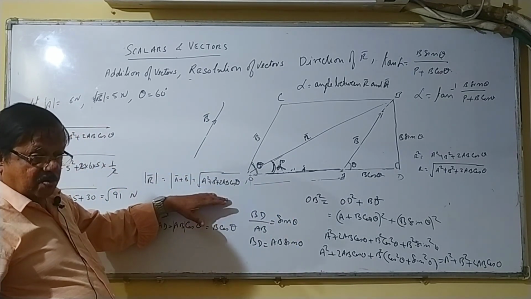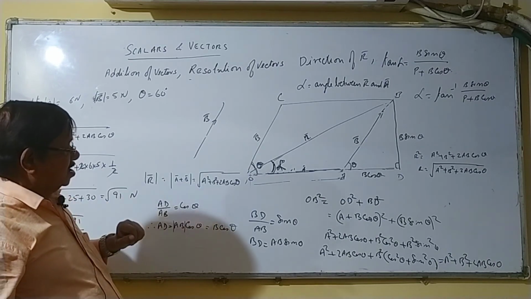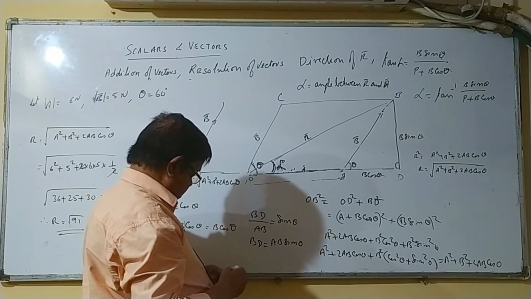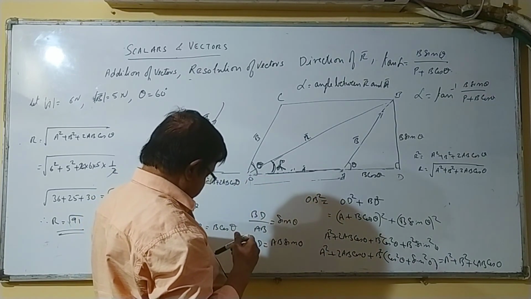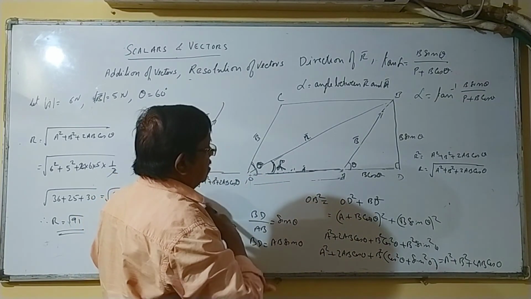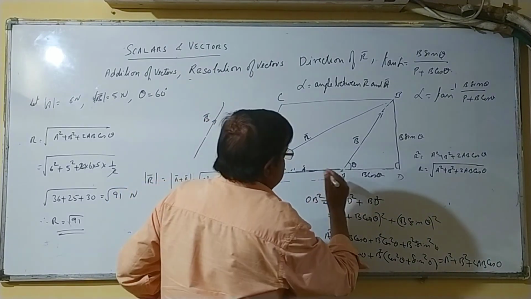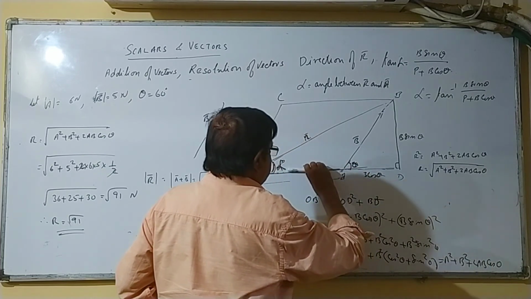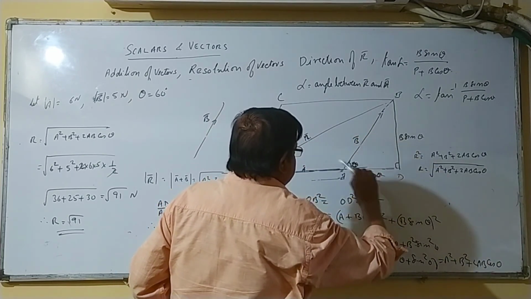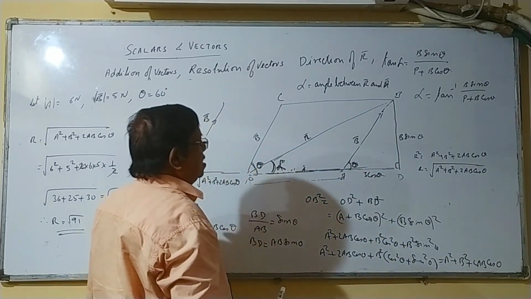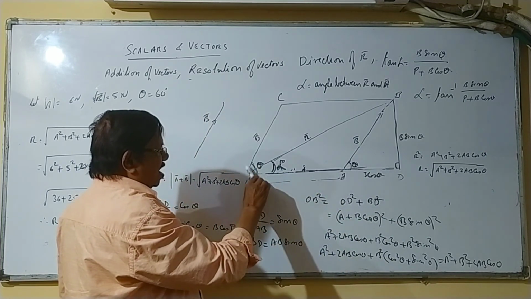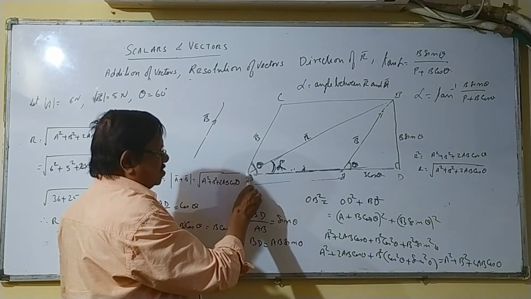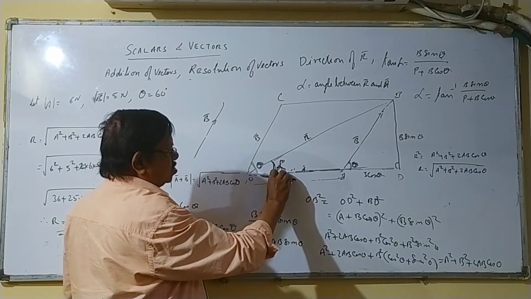We have to prove this. The second relation is the angle between the resultant and vector A. Look, the angle is always found by extending. This is the angle theta between this vector and this vector. We join tail to tail, the tail of this vector and the tail of this vector. This is the angle between these two vectors.